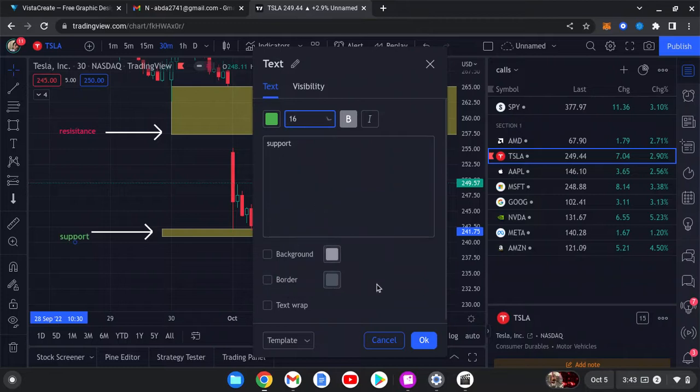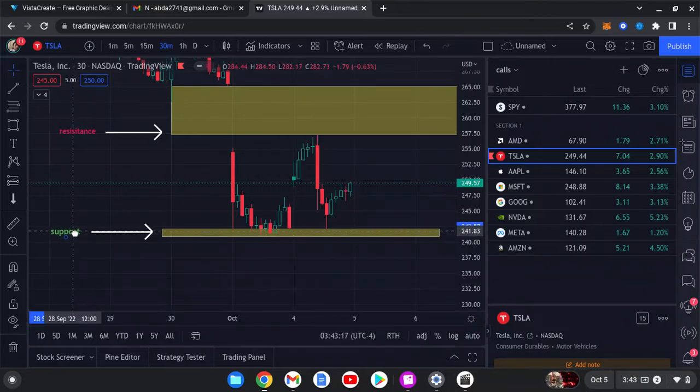We'll make that green. Let me just make it a little bigger. So we have a resistance area that is the beginning of the gap.